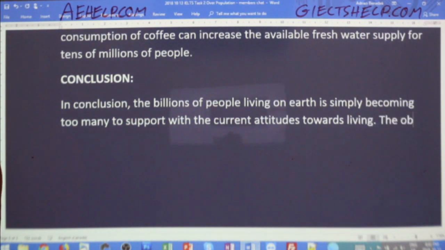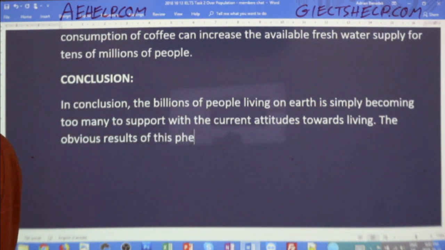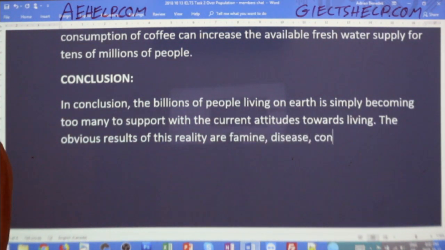The obvious results of this phenomenon, of this reality, are famine, disease, conflict, and death.